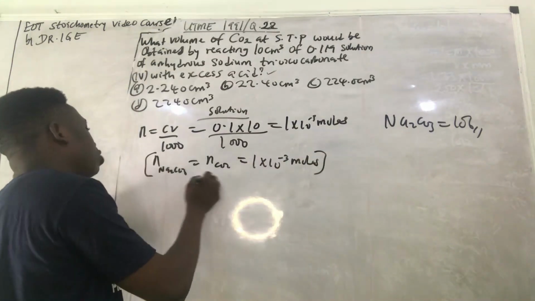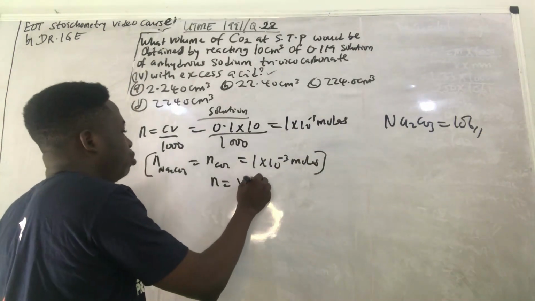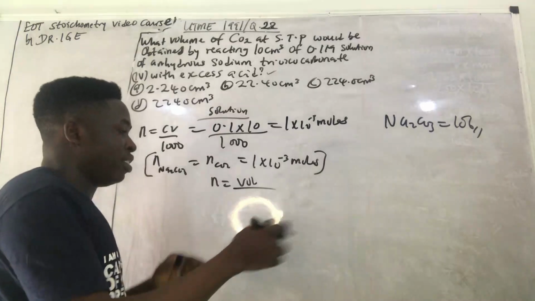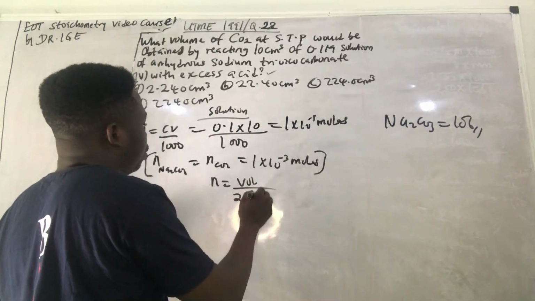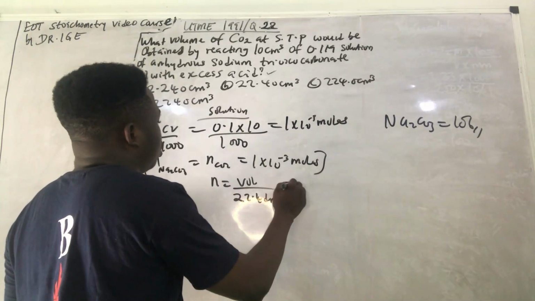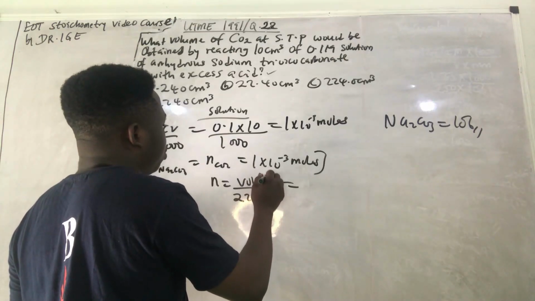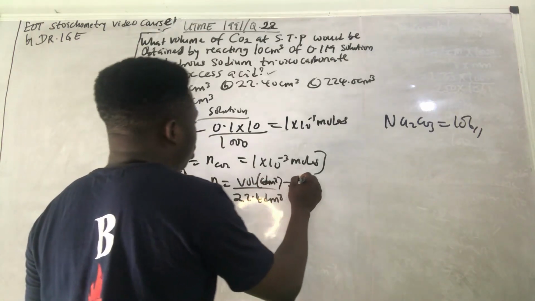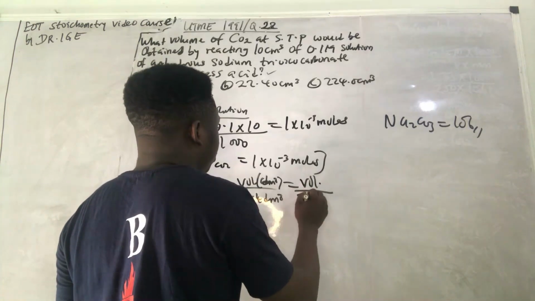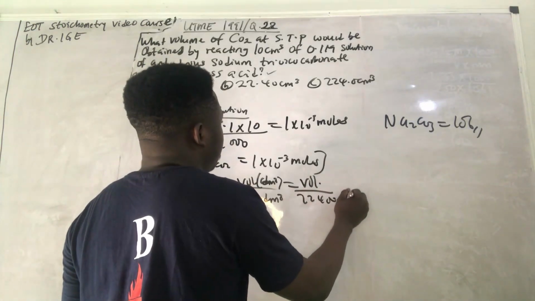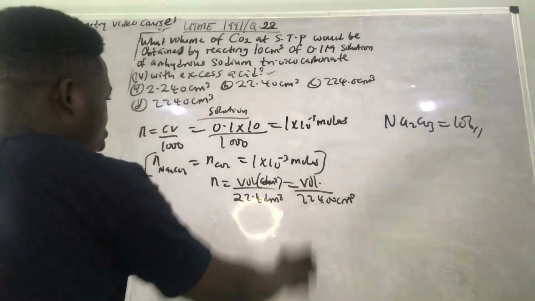Now remember, the number of moles equals the volume, whatever is given or whatever you're looking for, over 22.4 dm³, or the volume over 2400 cm³. Now if you check the options, they are in cm³, so we use this one.